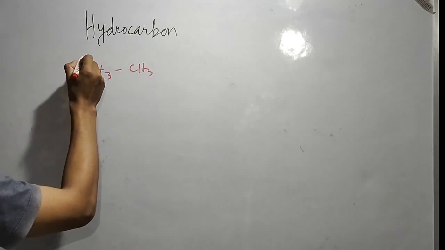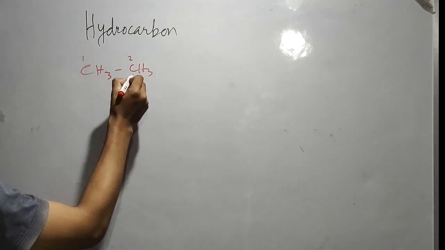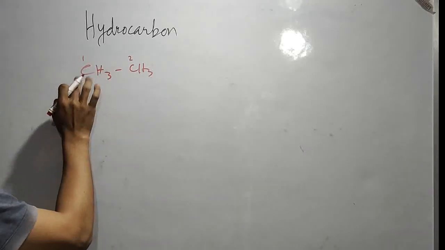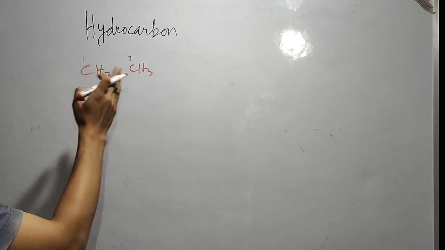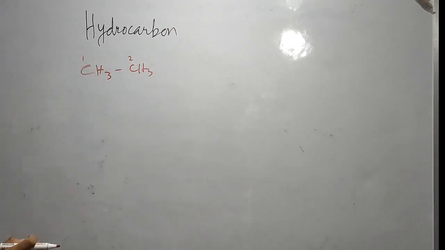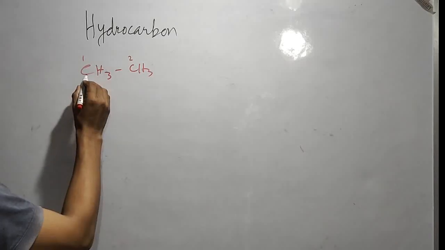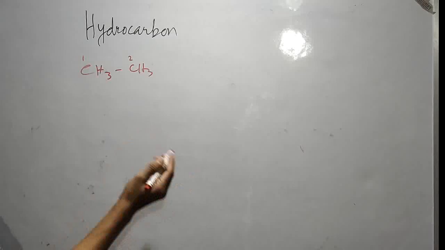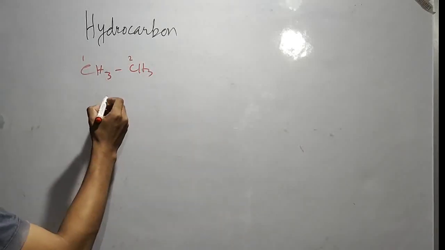You can count from left to right or right to left, it's the same thing for this case. Therefore here you see how many carbon atoms are there, 2 carbon atoms. So for 2 carbon atoms, the word root is eth.